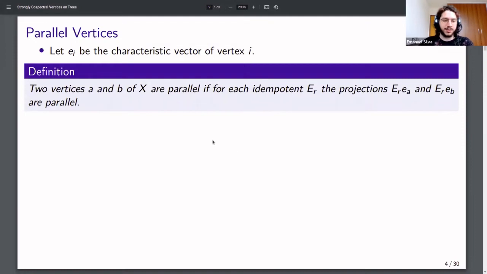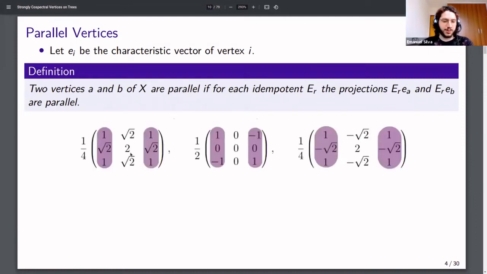Just in our example, we can see that the first and the third vertices of P3, the two end vertices, are parallel because the columns of the idempotents are all parallel. In this case, they are equal. In this case, they are one minus the other. And in the third case, they are also equal.